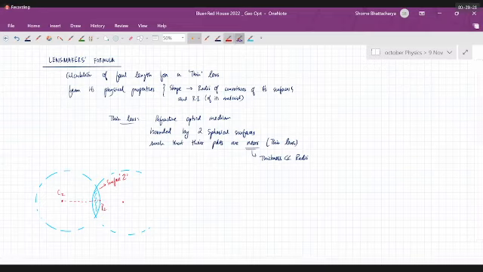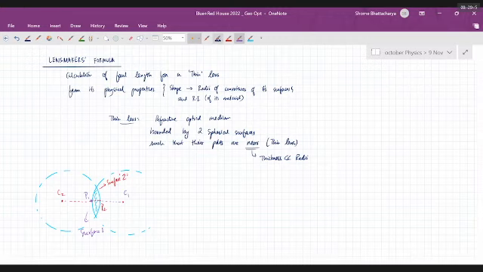Whereas if this is surface 1, this is its center of curvature, and this is the pole of surface 1. The thickness of the lens should be very small.